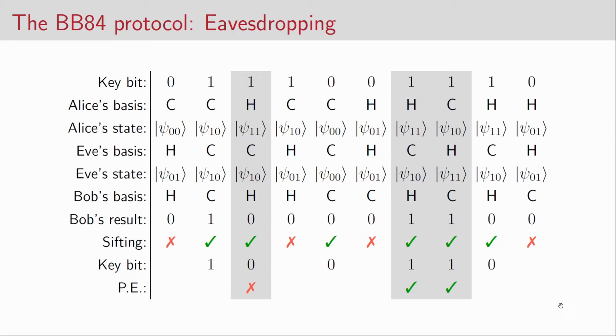Of course, because this example only includes 10 qubits, it is not very meaningful in terms of the actual numbers that we get, but I think you get the idea from this example how the eavesdropping works and how Alice and Bob can detect the eavesdropping.